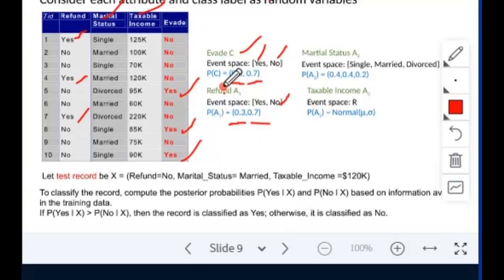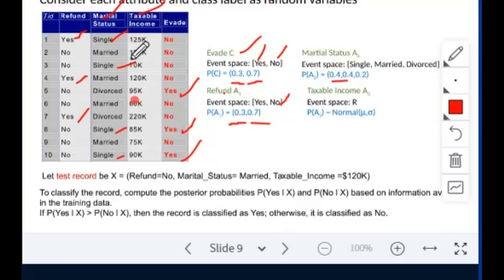Next is attribute 2, A2, that is marital status. What values does marital status have? Single, married, divorced, so that is the event space. What is the probability of all three? Single: 1, 2, 3, 4. Out of 10 it has 4, so 4 by 10, 0.4.